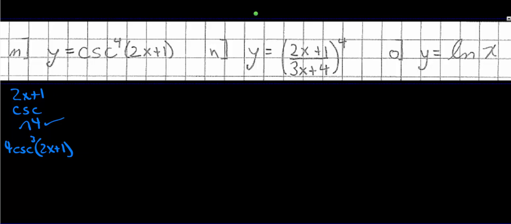Now the derivative of cosecant. Well, the derivative of cosecant is negative cosecant cotangent. Now notice I keep the 2x plus 1. That doesn't change. Times the derivative of the inside, which is 2.